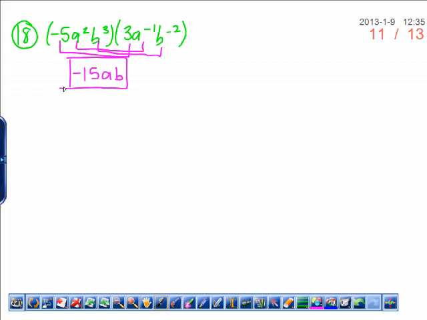On question 19, what do you do when there's a negative exponent on top and on bottom? Okay, so on 19, I would rearrange these so that my exponents start off positive.